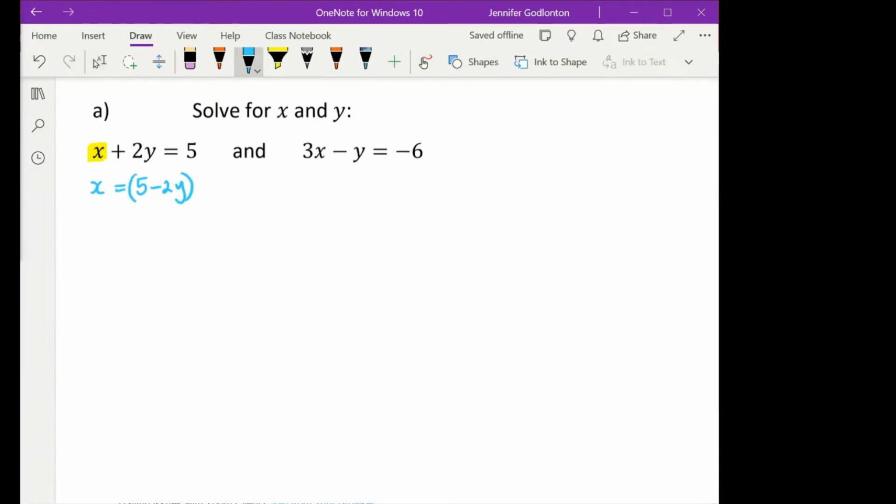And then I'm going to put that over there. But ma'am, x has a 3 with it. But in my second equation, I only need one equation that has one lonely variable in order for me to isolate it. Oh, okay. Thank you, ma'am. Okay.